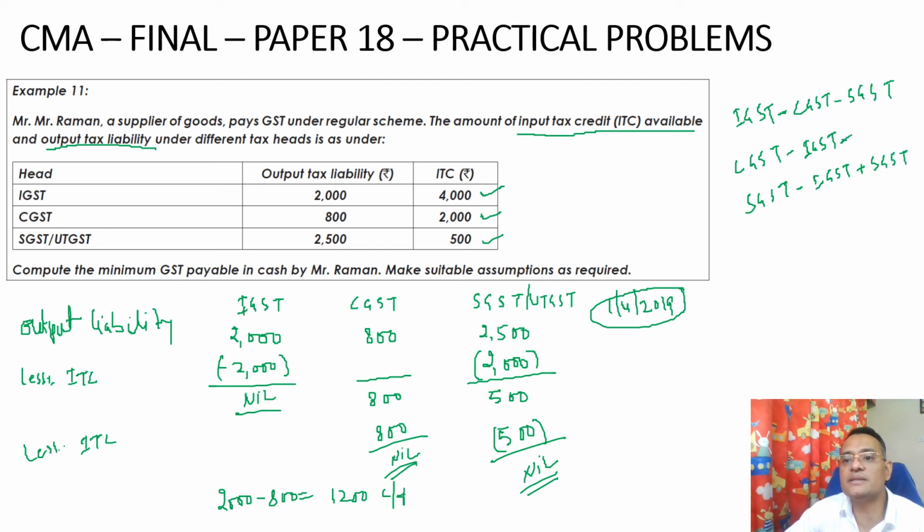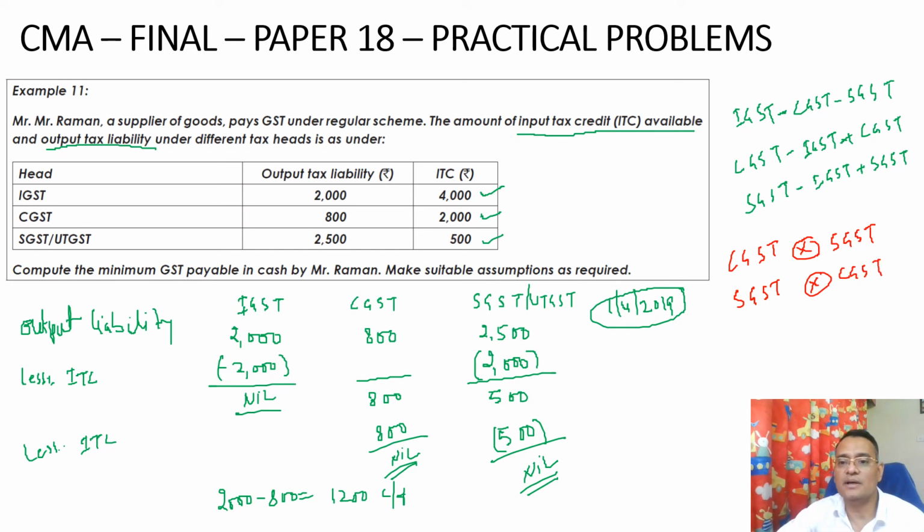The important thing over here is that CGST cannot be used for payment of SGST, and SGST cannot be used for payment of CGST. You can use CGST or SGST for the payment of IGST, but not for the payment of SGST or CGST, vice versa.